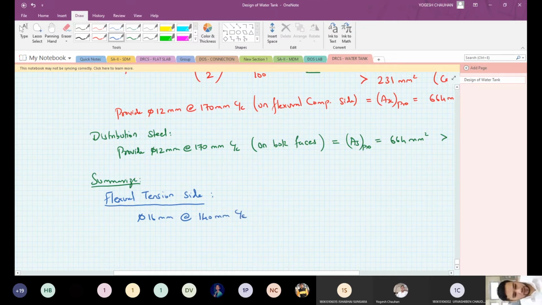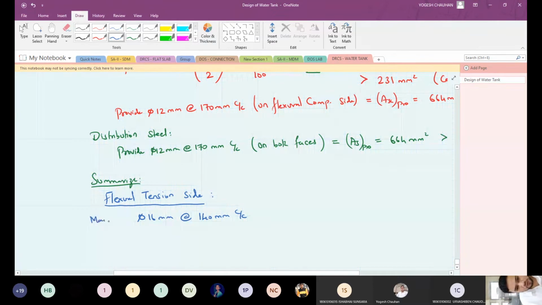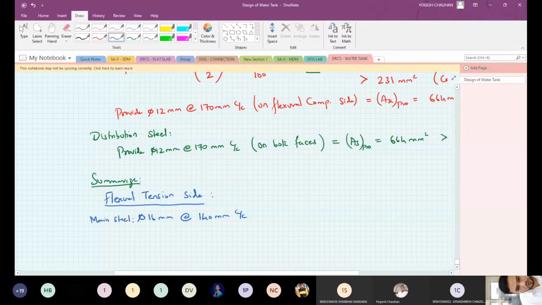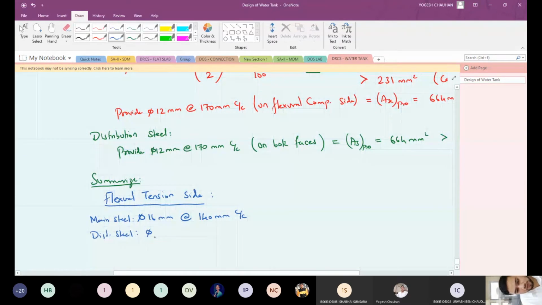This is the main steel, and the distribution steel is 12 dia at the rate of 170 center to center.